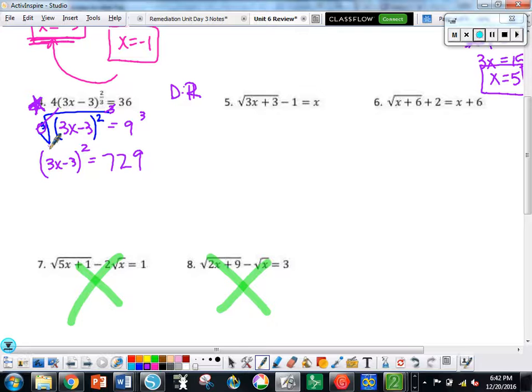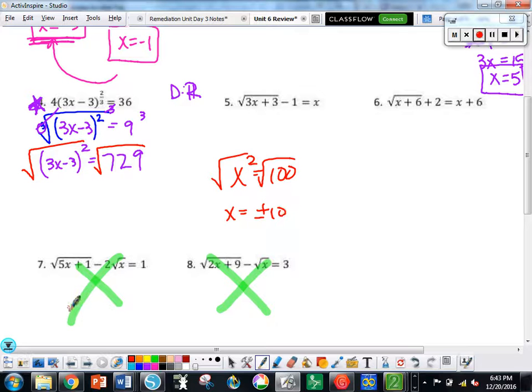Now what? We have to get rid of the squared, and the opposite of squared is the square root. Well, what do you do when you take the square root? If it was x squared equals 100, you would take the square root and you would say x equals plus or minus 10, right? You've known that for a long time now.